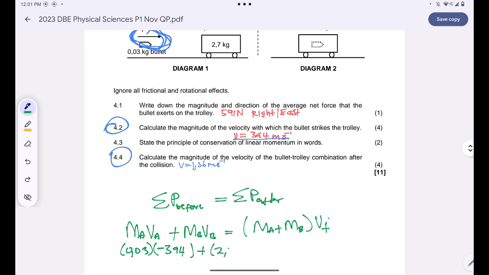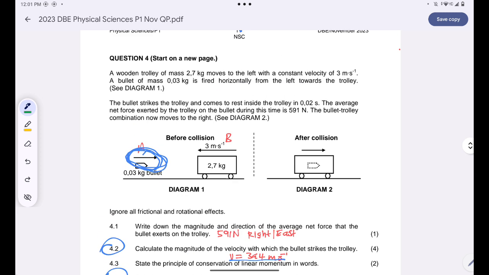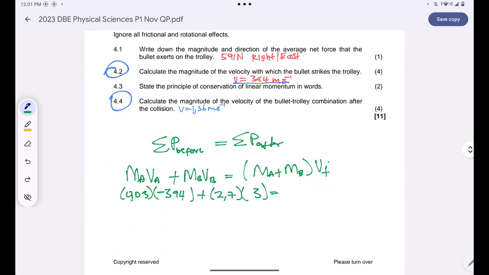Plus I have 2.7 as the mass of the trolley, and then 3 meters per second. The trolley was moving towards the left, and I did state that the left now is positive. So it simply means that I'll have a positive 3 there. So this is just 0.03 plus 2.7 multiplied by VF.